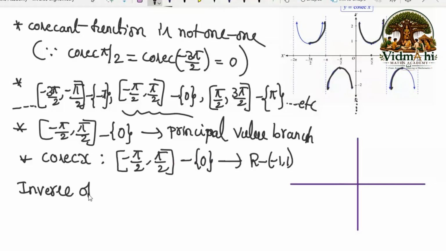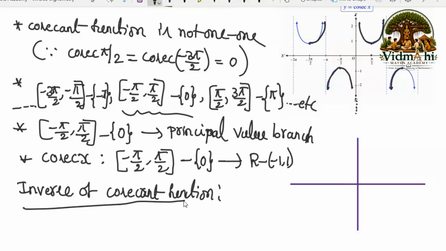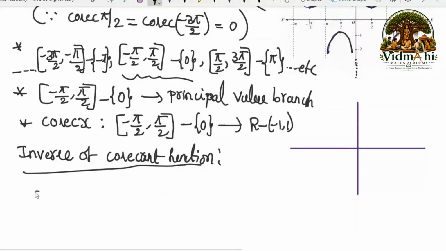So now the inverse of the cosecant function can be represented as cosec inverse x. Here the domain of the cosec function becomes the range and the range becomes the domain.